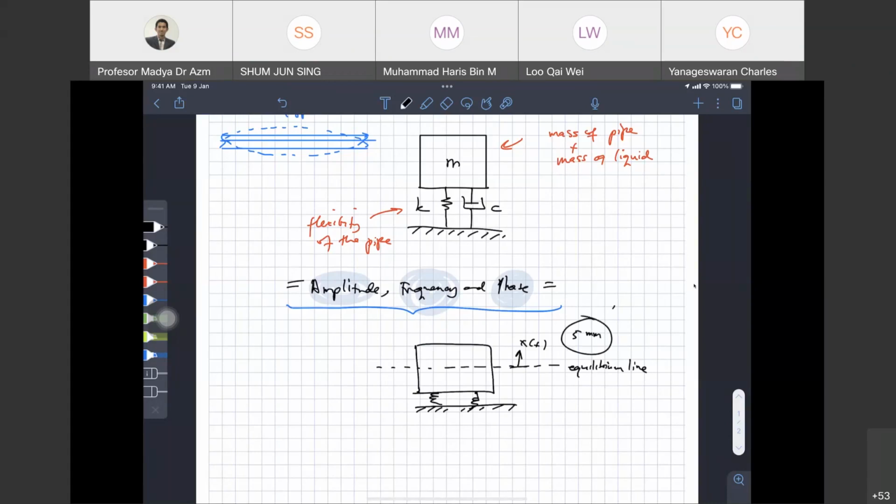So when we say the amplitude is 5 millimeter, the maximum amplitude means it goes up 5 millimeter, and goes down 5 millimeter. So 5 millimeter around the equilibrium line. When we're talking about magnitude of vibrations.